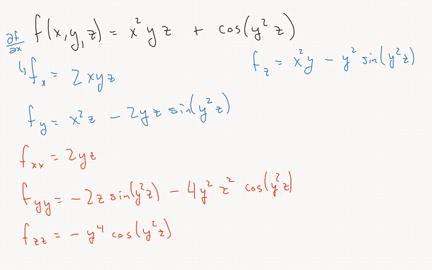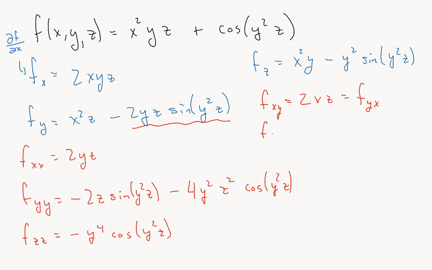Okay, now let's try the mixed partials. So fxy will be, so now we differentiate first with respect to y and then with respect to x. So now this stuff all goes away, and we'll just get 2xz. And we can see that's also the same as if we did differentiate with respect to x first and then with respect to y, although we sort of get there by a shorter route.